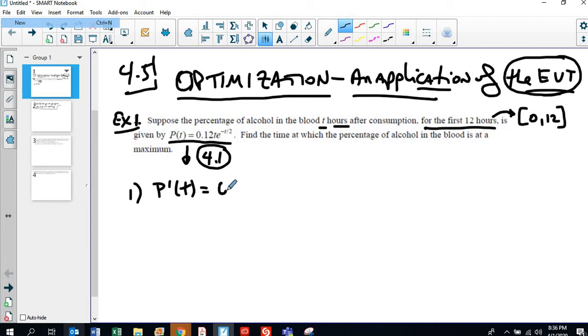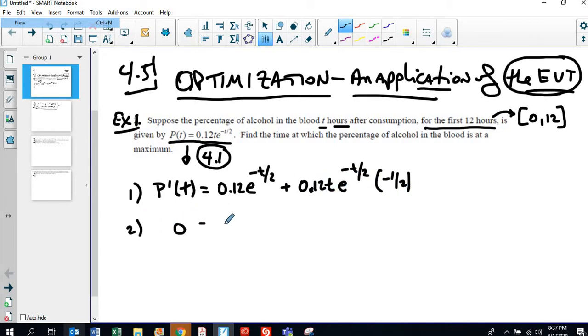So we take the derivative of the first, which is just 0.12, times the second, plus the first, 0.12t, times the derivative of the second, which is e to the negative t over 2 times negative 1 over 2. 2 is a constant, and so we don't think of this as a quotient. We think of this as 1/2 t. And so we get the negative 1/2 here. So that's step one, to take the derivative using the product rule here and the chain rule involved for the e.